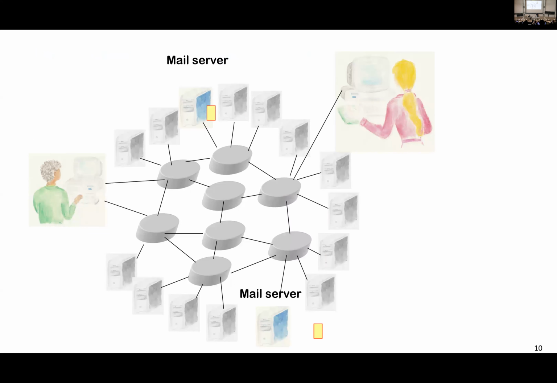But in order to go from one machine to another one, they will go through those round boxes in the middle, which are now new machines that were invented by those people, Louis Pouzin and the TCP/IP architecture people, Vint Cerf and Bob Kahn. They are called routers.